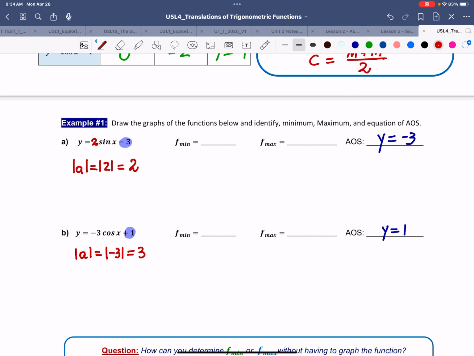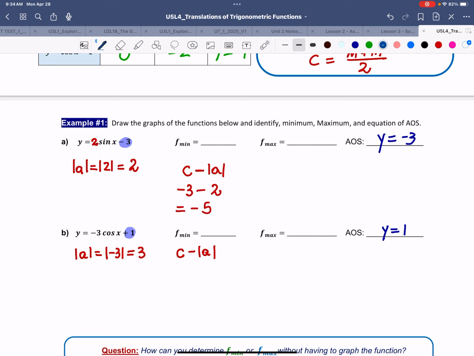So whenever we find the minimum value of a function, we go from the axis of symmetry and we subtract the amplitude. So in our case, axis of symmetry at -3, subtract the amplitude, which is +2, will give us a minimum of -5.